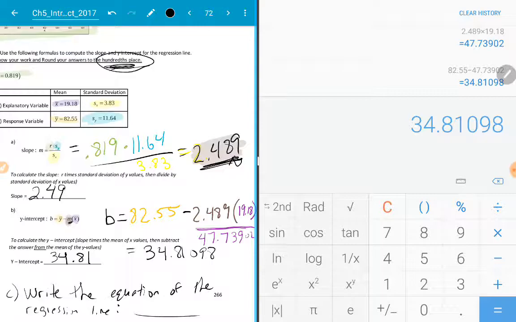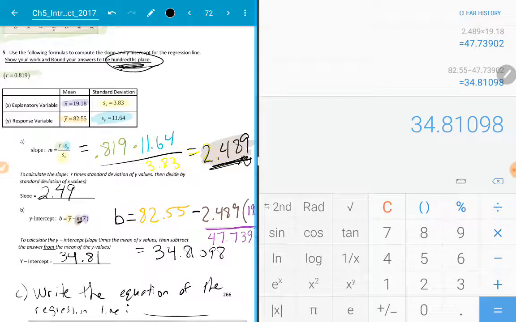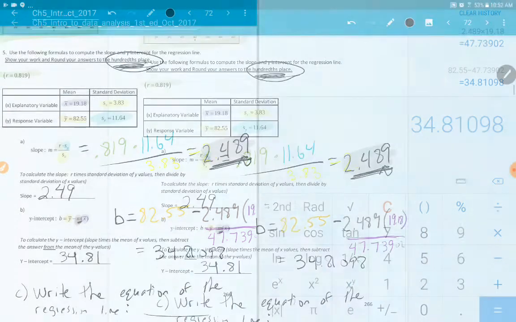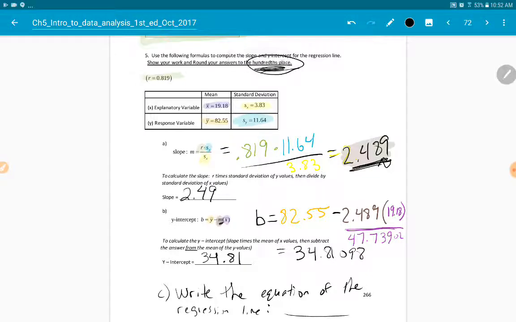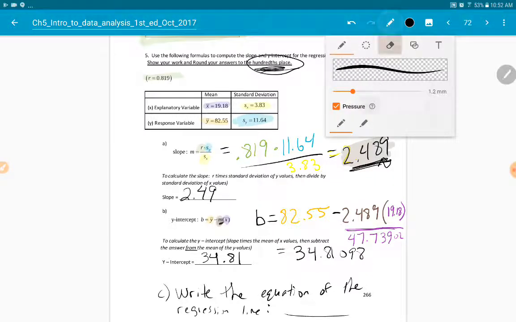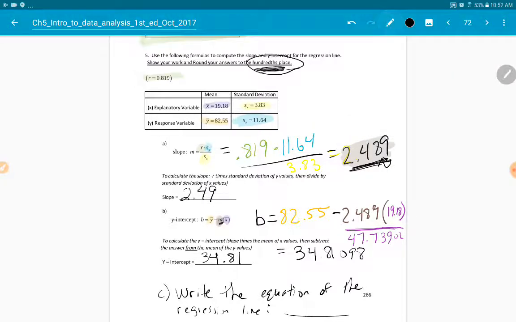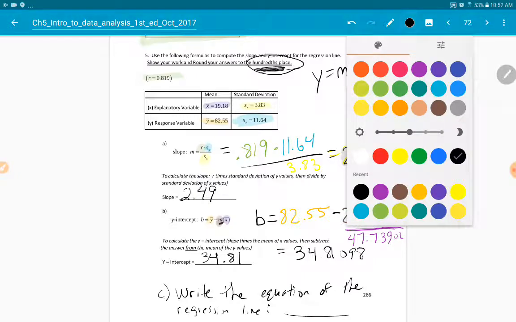So for part C, I want to write the equation y equals mx plus b. Okay, so y equals mx plus b. So we found m, the slope is 2.49.